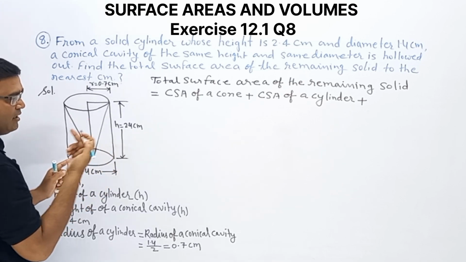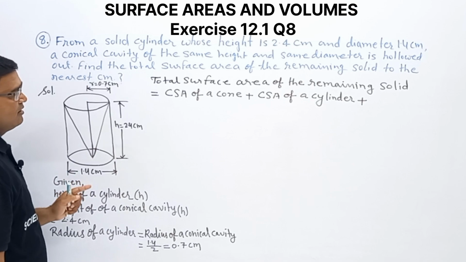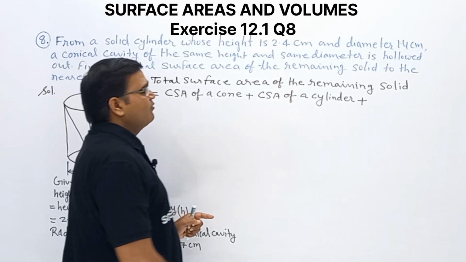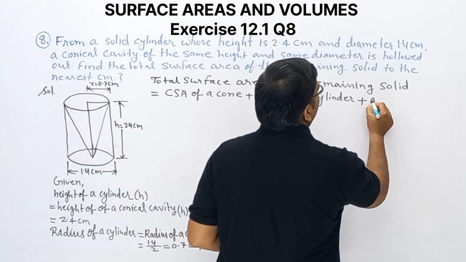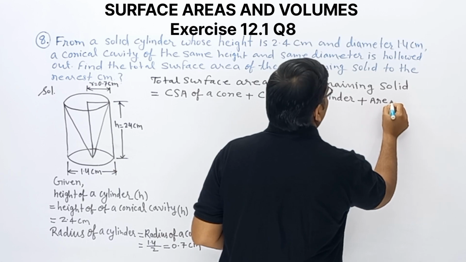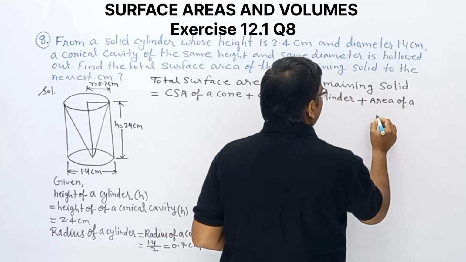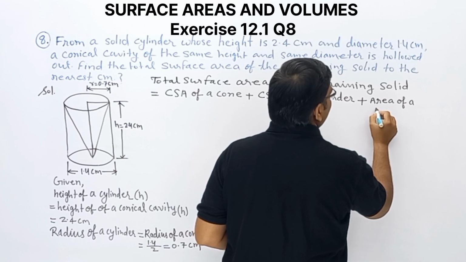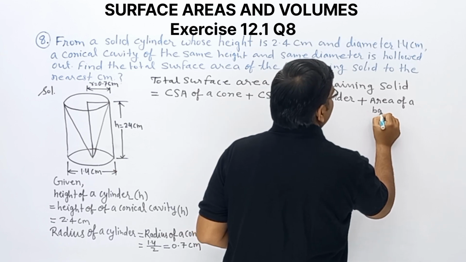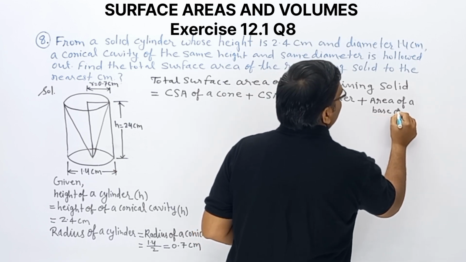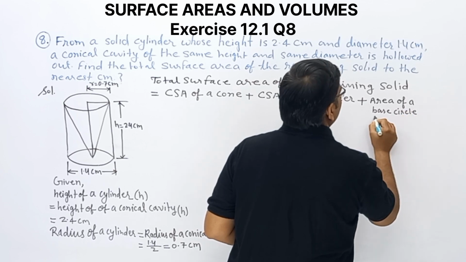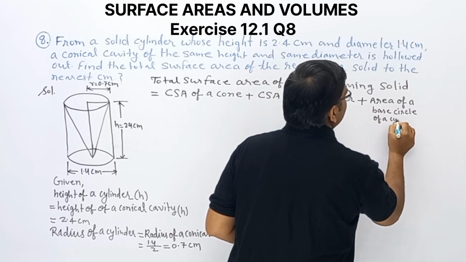In the bottom face we have a circle. The area of a circle, the area of the base circle of the cylinder.